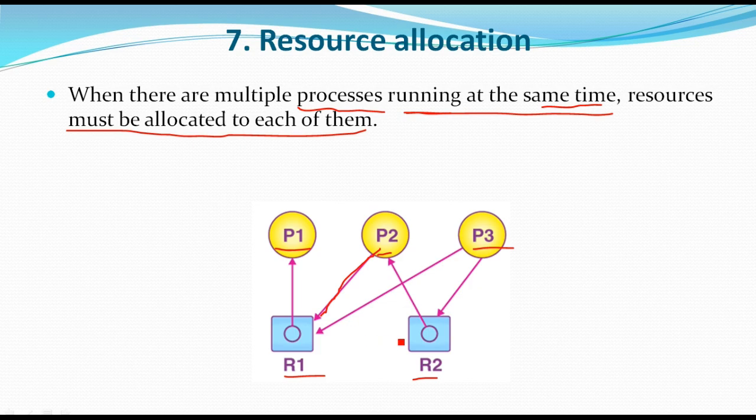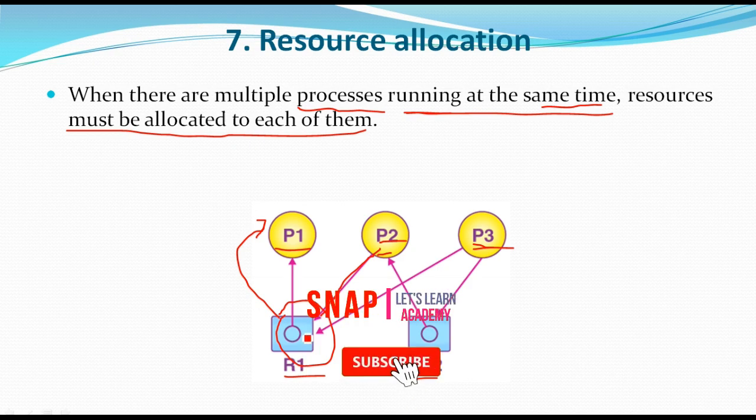R2 is allocated to P2 and it is requested by P3, right? So a resource can be used by one process, and after its execution completes, the resource can be freed by P1. It can release resource 1, and both P2 and P3 are requesting resource 1. This resource might be allocated to P2 or P3.